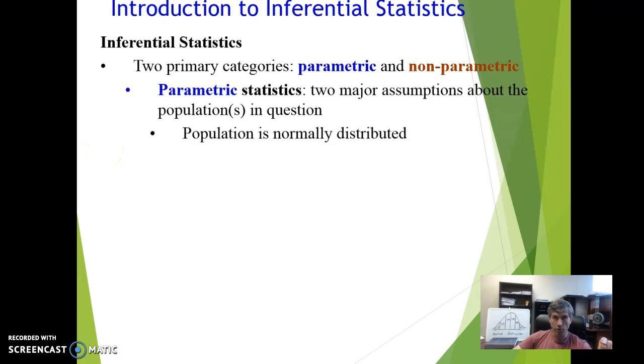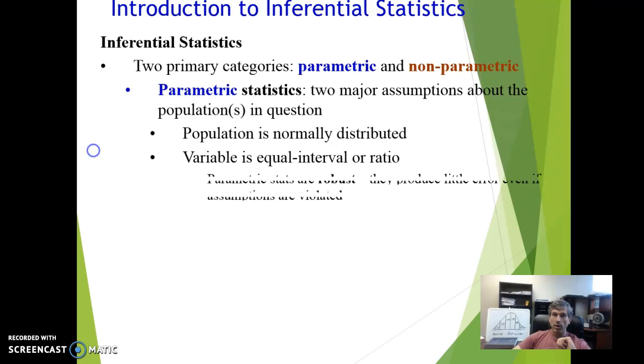So this is a safe assumption to make, but it's an assumption that we have to make. And that the variable is at least an interval scale or a ratio scale. If you remember those scales way back again from Module 2, we mentioned that your DVs, the variable you're actually measuring, need to be at least an interval scale. Again, we always assume this to be the case in psychology.